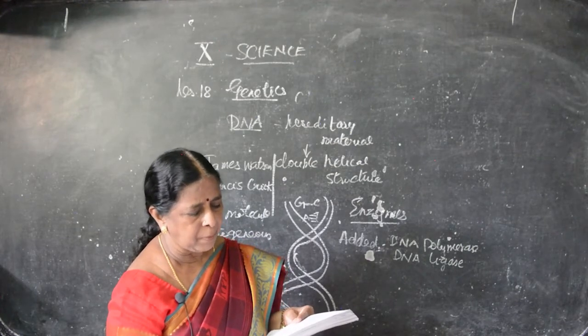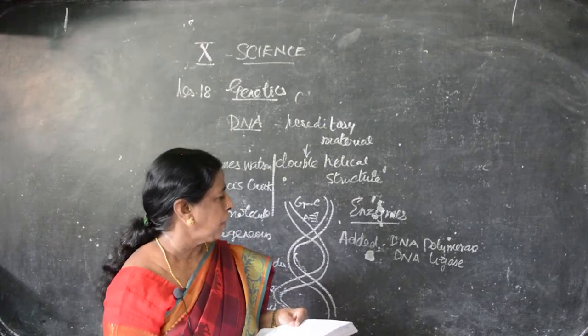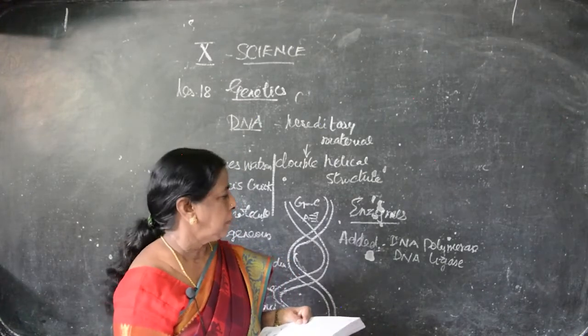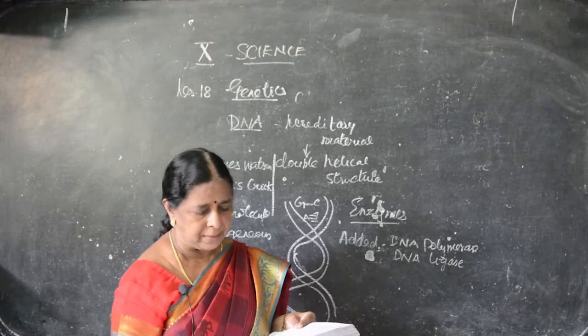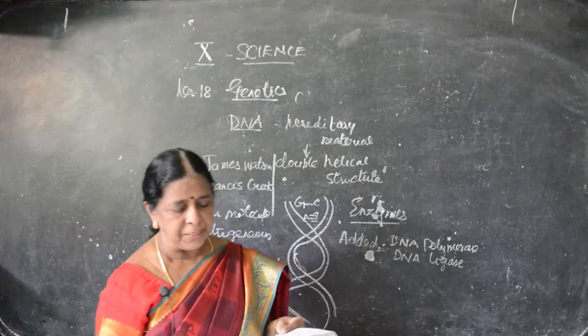They are added with the help of DNA polymerase and DNA ligase, and the molecular scissor is there for cutting the DNA fragments. Then the significance of DNA, that's very important.